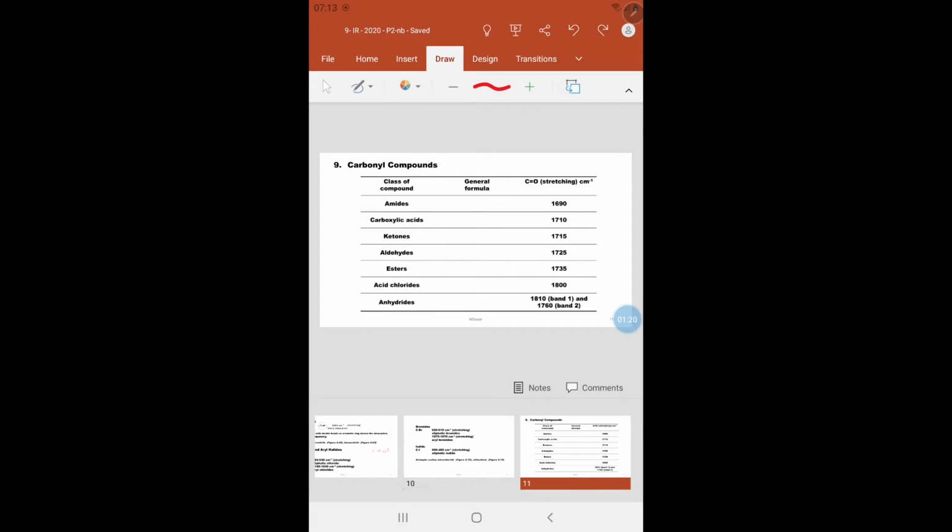Okay, for IR, the most important or most difficult part is when you have carbonyl compounds. When you have carbonyl compounds, there are 7 types or 7 classes of compound that have a carbonyl group. We have amides, carboxylic acid, ketones, aldehyde, esters, acid chlorides, and anhydride.